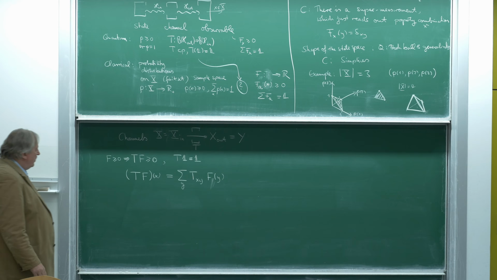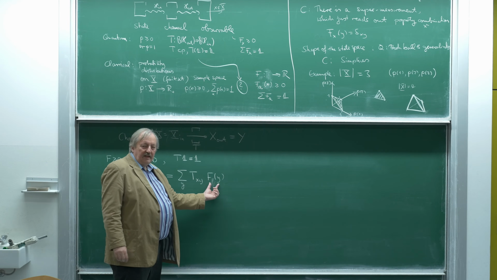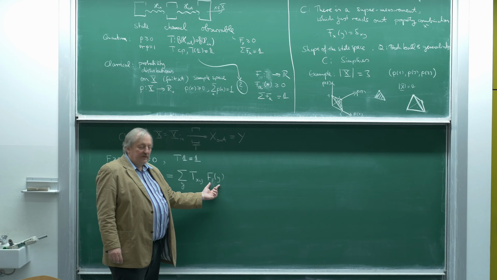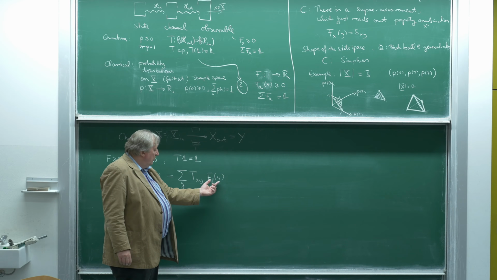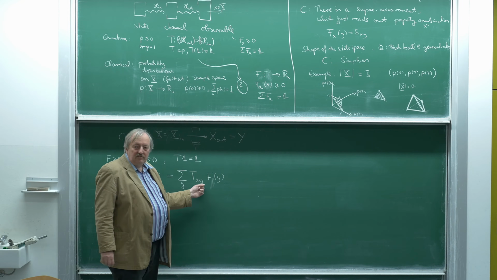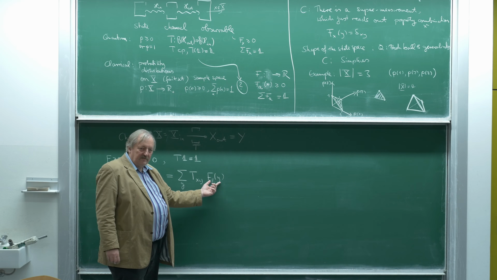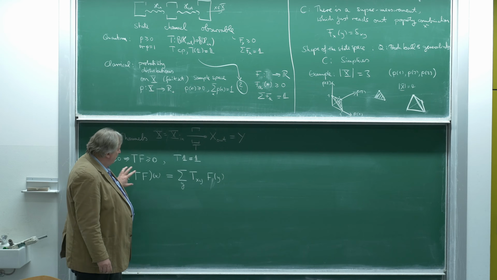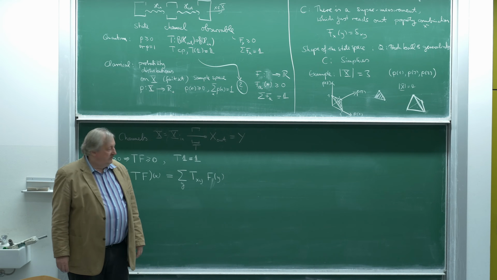Now f of y may be a delta function. So the delta measurement is clearly a possible measurement, where I just pick out a single term. A delta function is a positive function, and therefore what I get out must also be positive.